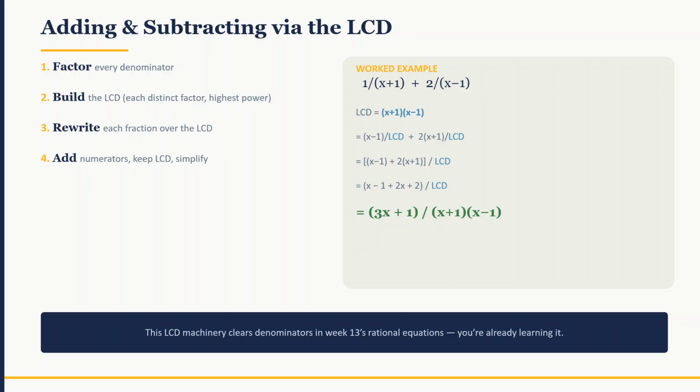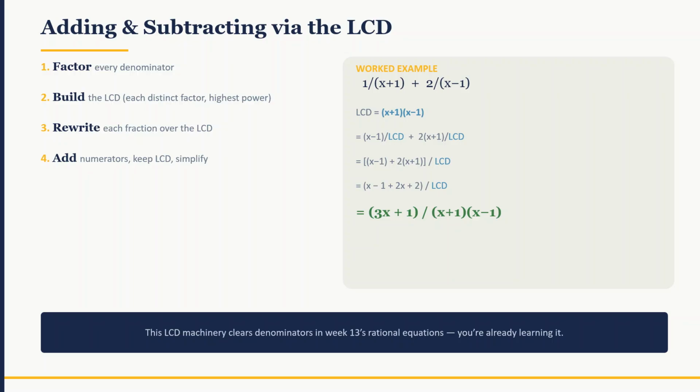4 steps. Step 1. Factor every denominator completely. You cannot build a sensible least common denominator until you can see the prime building blocks of each denominator. Step 2. Build the least common denominator as the product of every distinct factor, each raised to the highest power it appears in any single denominator.